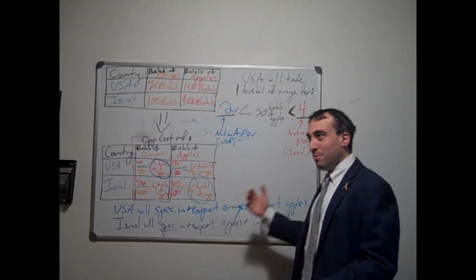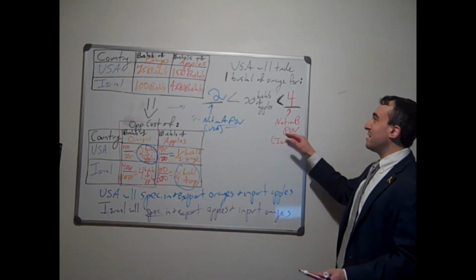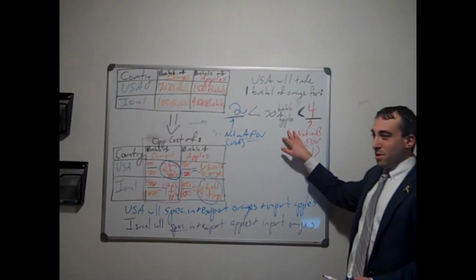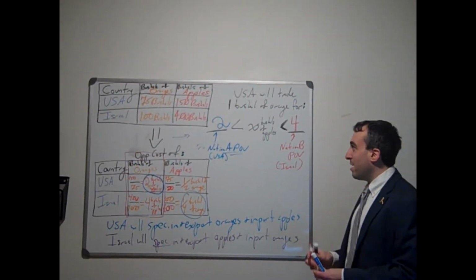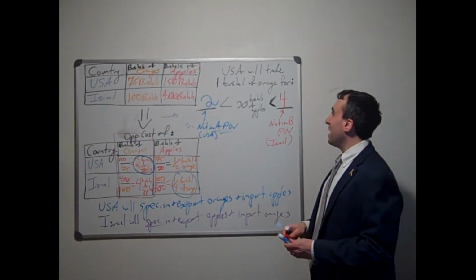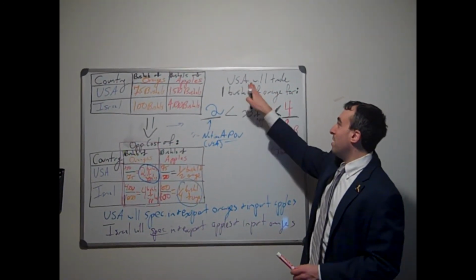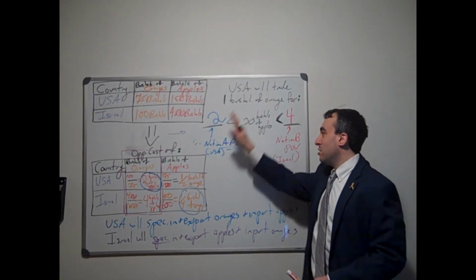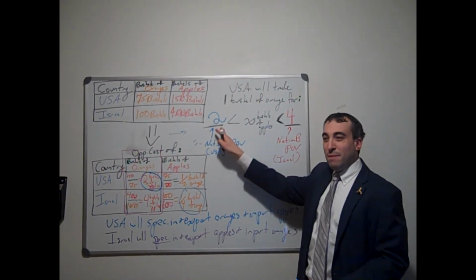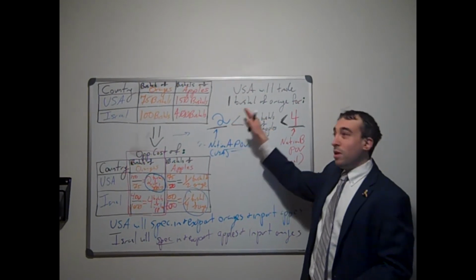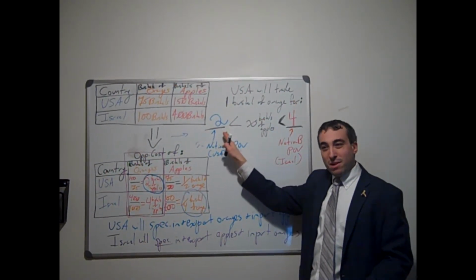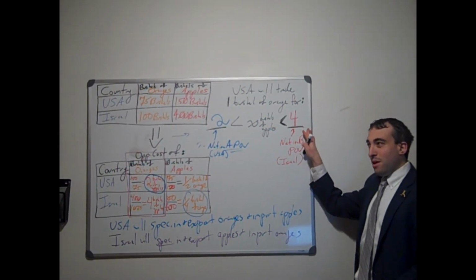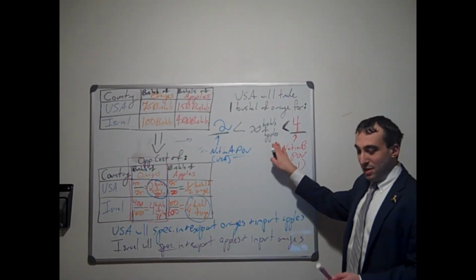But a fair terms of trade for Israel would be to get 1 bushel of orange, it gives up less than 4. So, a fair terms of trade would be America will trade 1 bushel of orange for anywhere between 2 bushels of apples, greater than 2, which would benefit America, but less than 4. Less than 4 would benefit Israel.